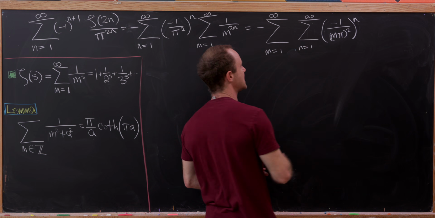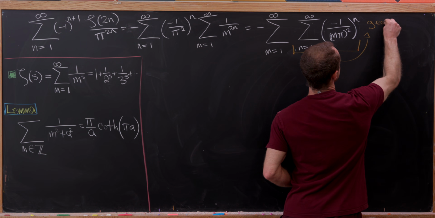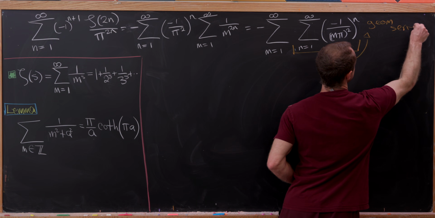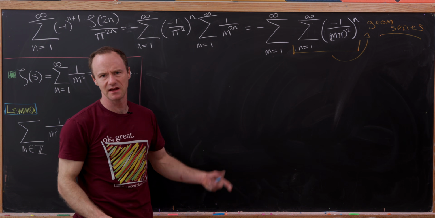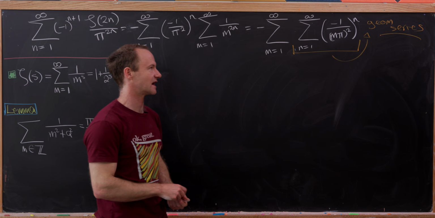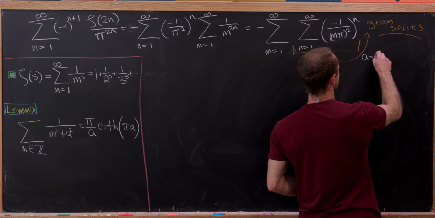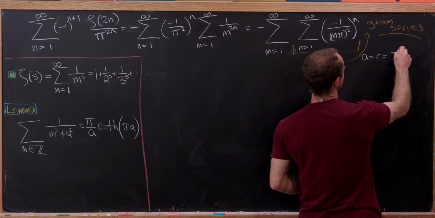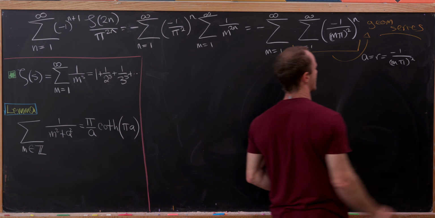But the great thing here is now we can view all of this as a geometric series. Because if we kind of forget that we have this outside sum with respect to m, well, that's exactly what we have on the inside there. And it's in fact a geometric series where the starting term and the common ratio are both negative 1 over m times pi squared.